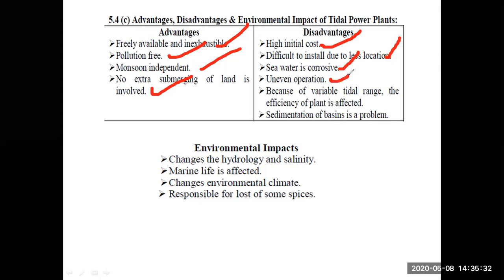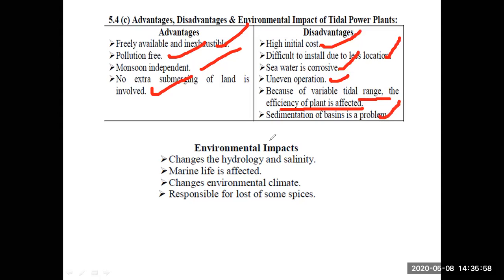Uneven operation because of high tides and low tides, as the span of tides is not fixed. So this is another disadvantage because of the variable tidal range, and the frequency of power generation is affected. Sedimentation of the basin is a problem. After some time we have to evacuate the material which has collected in the basins. So this is another disadvantage.